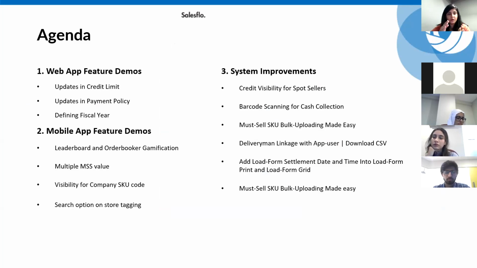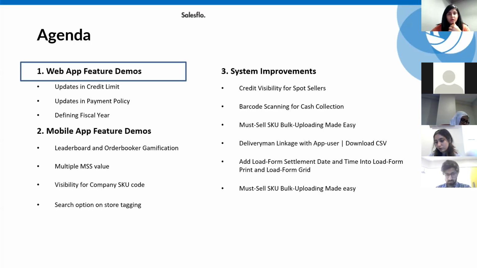First we'll cover the updates we've made in credit limit, then payment policy, then the fiscal year calendar we worked on. Then mobile app demos, where we'll talk about one of the most exciting features we've launched, followed by some minor updates in the mobile application, and then the system improvement part. So let's move on to the first part of our agenda, the web app feature demos.